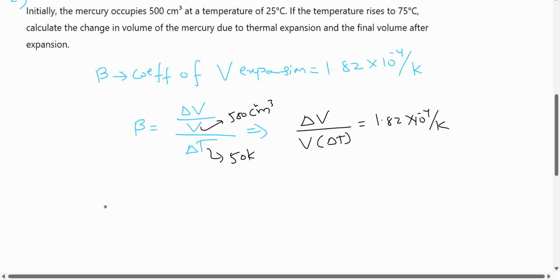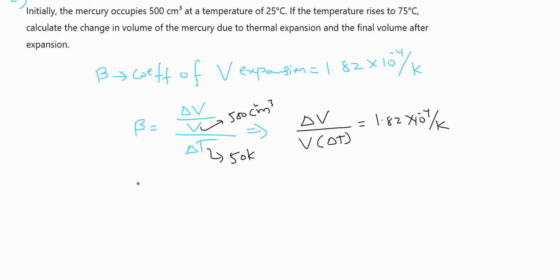From this, let's calculate delta V. Delta V is equal to the initial volume V, which is 500 centimeter cube, times delta T, which is 50, times 1.82 into 10 power minus 4.